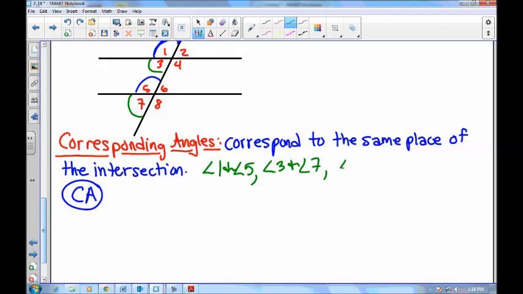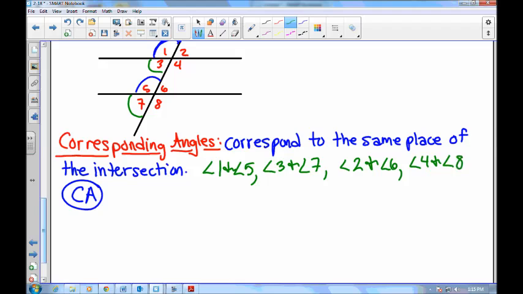Okay, next one. What if I chose angle 2? Show me, please. What would be the corresponding angle to angle 2? Good. We get 6, right? Top right and top right. And finally, angle 4, bottom right, would correspond to which angle? Yep, good. Angle 8. Thanks for showing me.